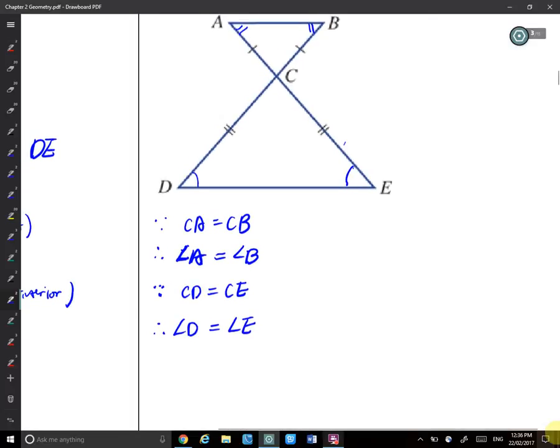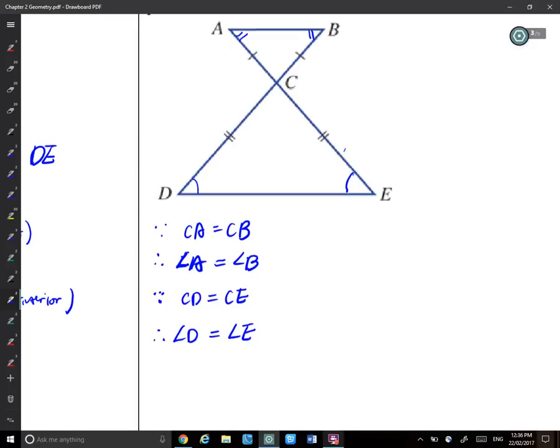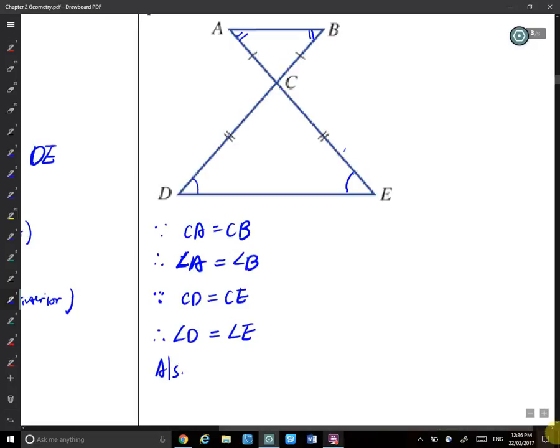So the next step: triangle ACB equals triangle DCE, because of vertically opposite angles.